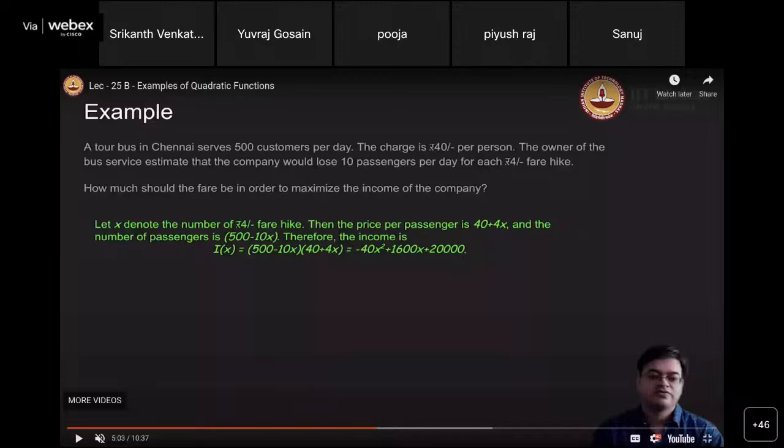For x fare hikes, I will lose 10x. So the remaining passengers would be 500 minus 10x.